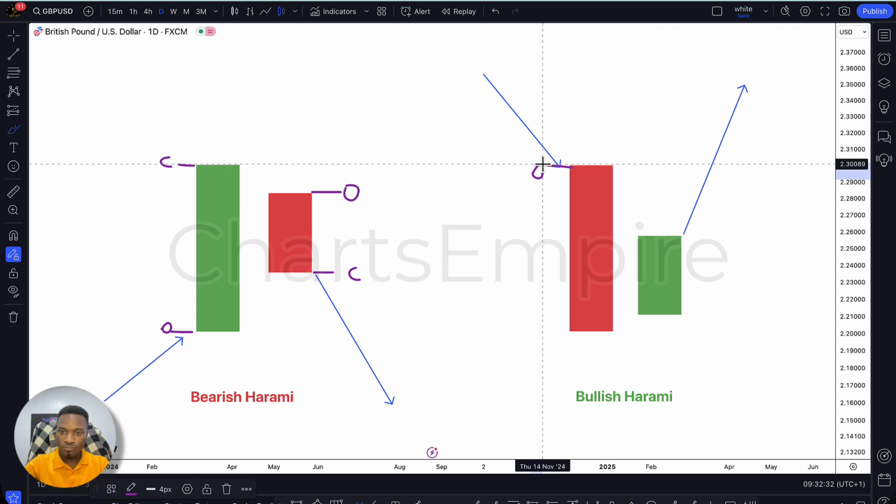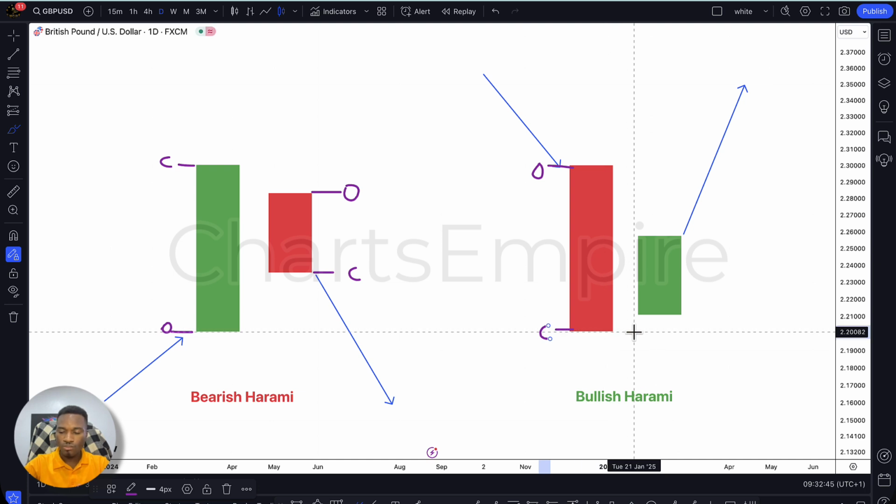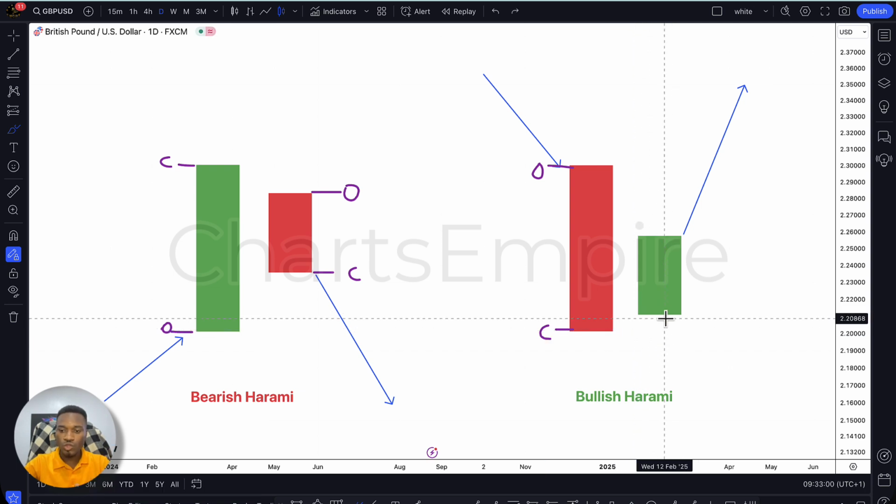This is the opening, and then we have the close at a lower level. You can see that, and the next candlestick opens to be a bullish candlestick. Sometimes the opening of the bullish candlestick can open at the close of the bearish candlestick, or it can gap up a little bit.